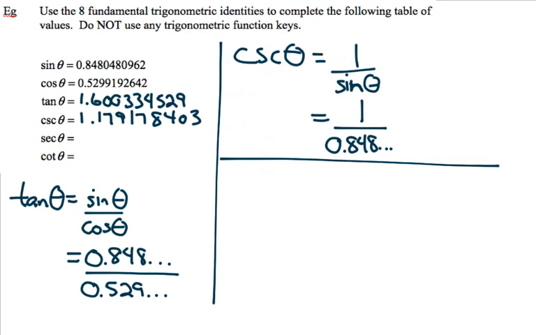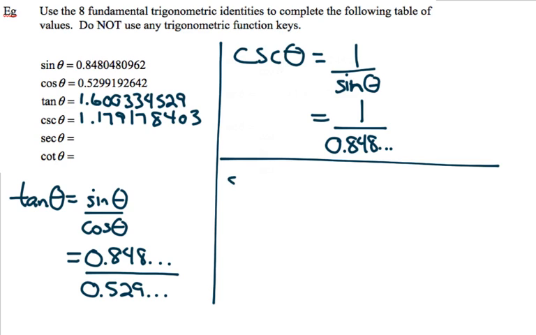Secant, if we're looking through the list, we have a couple of options. Secant being 1 over cosine, or one of the Pythagorean identities, 1 plus tan squared equals secant squared. I'm going to suggest against using 1 plus tan squared equals secant squared because tangent is something we had to calculate. We may have done something wrong along the way. We definitely had to round it off, though. So it's second-hand information. If we can do first-hand information, that's better.